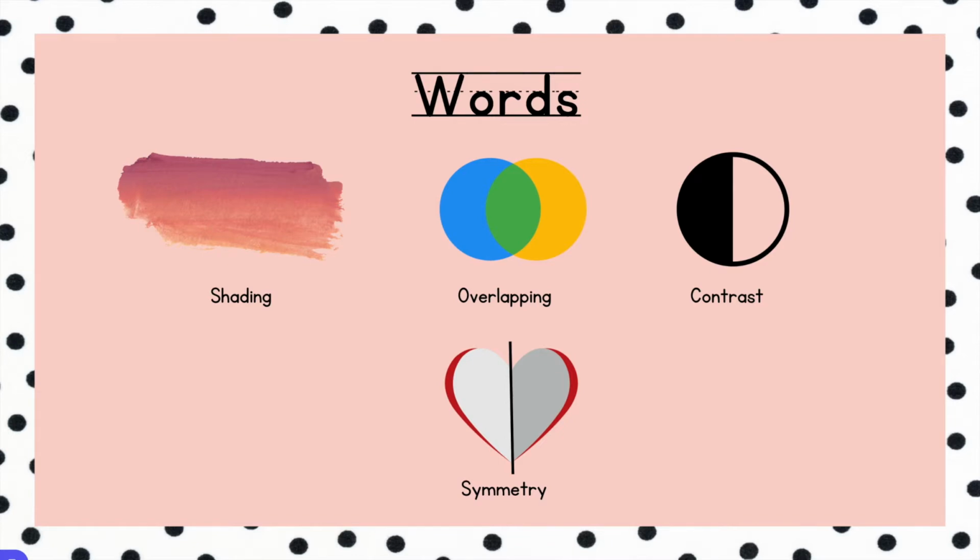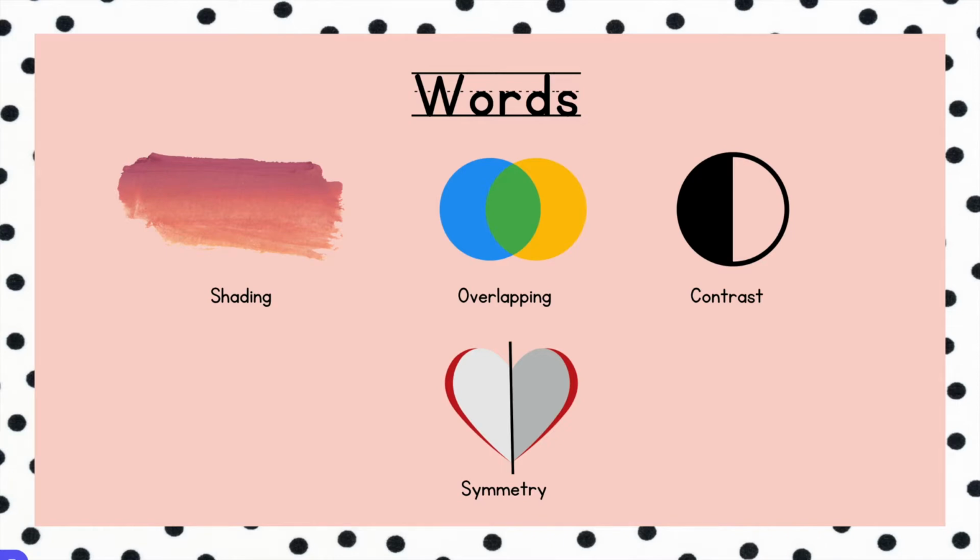Here are some words that you might need to know while you're doing your drawing and while you're watching the video. So I talked about making our artwork look more realistic by using these specific things on the screen right now.